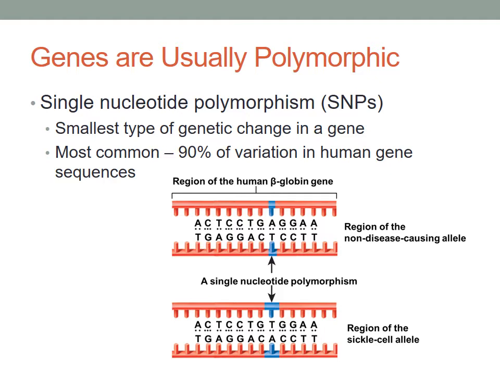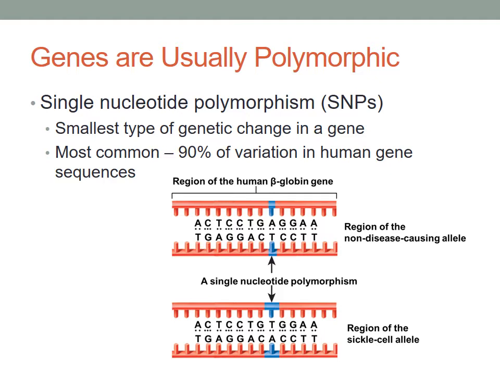Single nucleotide polymorphisms are the smallest possible type of genetic change in a gene. It is one single nucleotide different. An A instead of a T, and so forth. A one-letter change.